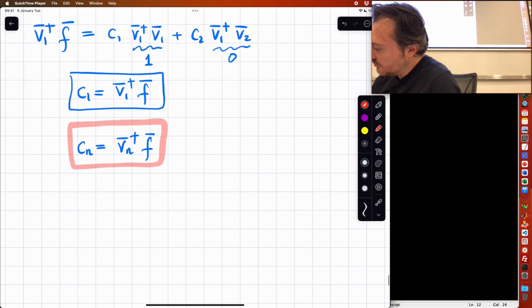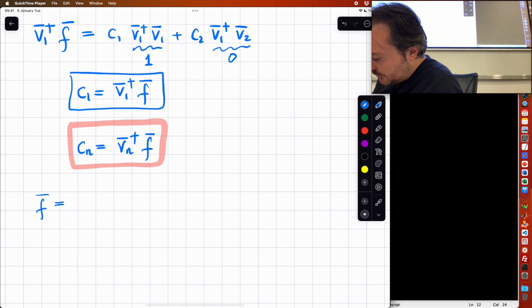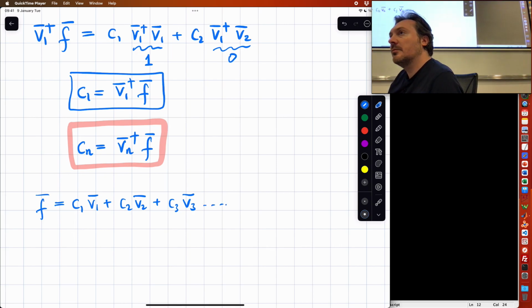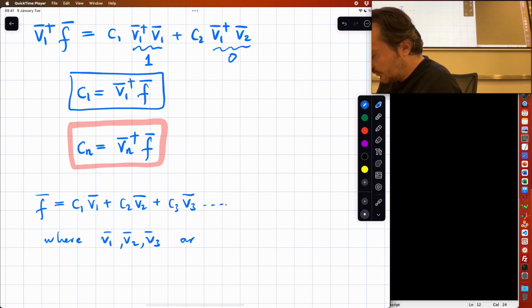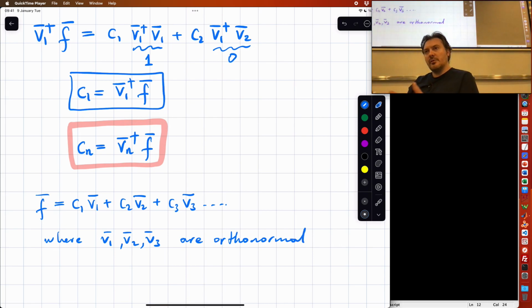Let me actually write it down one more time. F equals C1 V1 plus C2 V2 plus C3 V3, etc. Okay? Something like this, where V1, V2, V3 are orthonormal. They are these orthonormal vectors that came out of this Hermitian matrix.